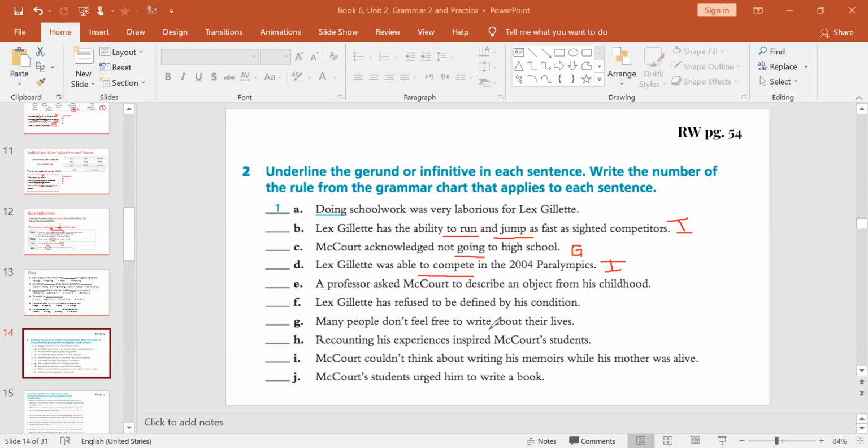The next sentence, to describe, is the infinitive. Following sentence, to be, infinitive. As you can see, this is verb 1, verb 2. Okay. And as you can see here in C, you have the verb and then you have the gerund that comes afterwards. Okay, now let's go back down to G.